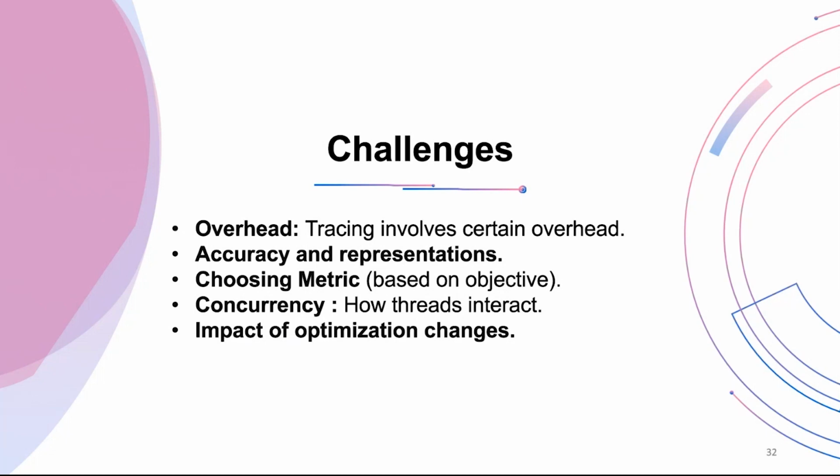And the third and most important is the impact of optimization changes within the application. Sometimes we may make changes related to optimization, but that may backfire on us, or cause another issue within that application. That would be the major challenge while optimizing and profiling.